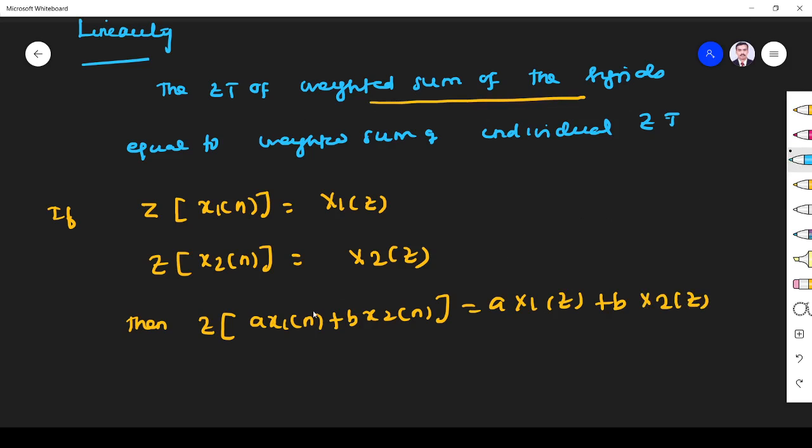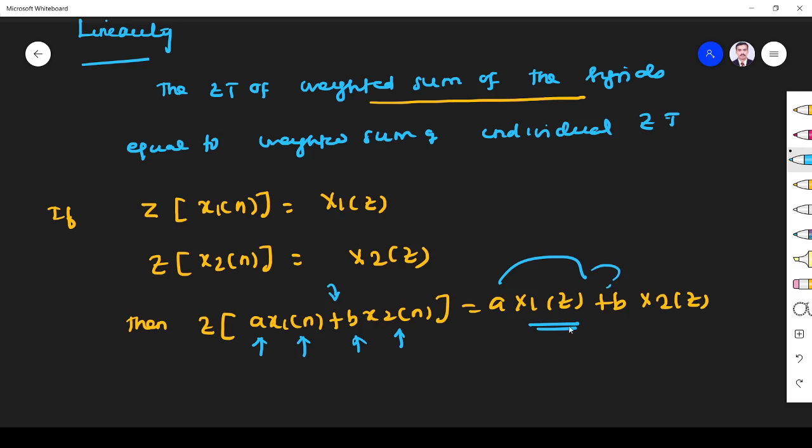You see, x1 and x2 are signals. Weighted sum means these signals are weighted by the weighting factors a and b.